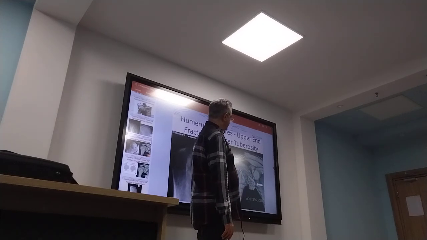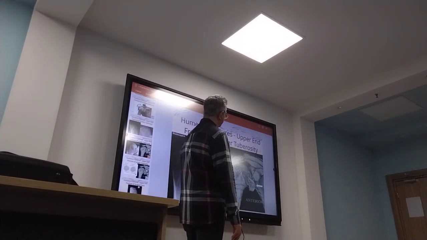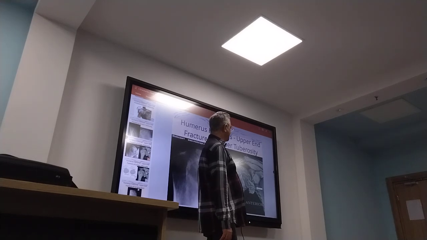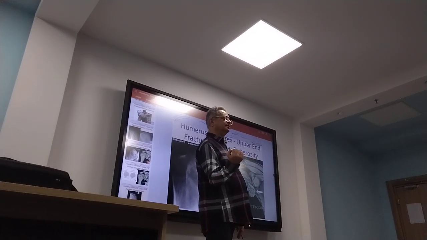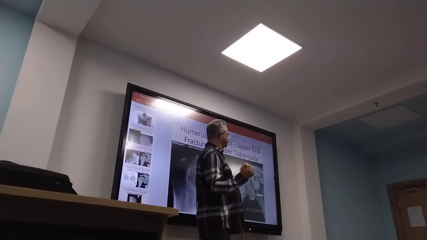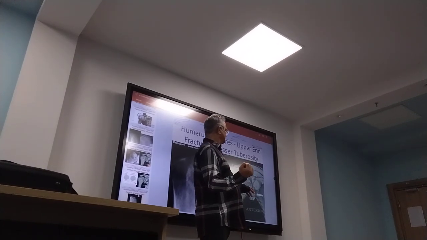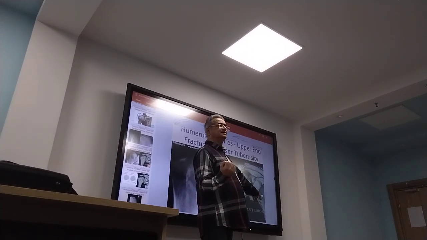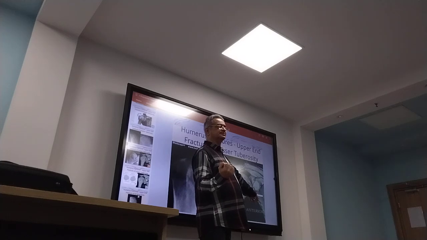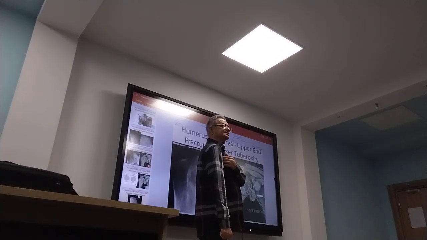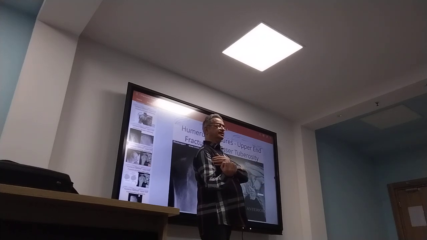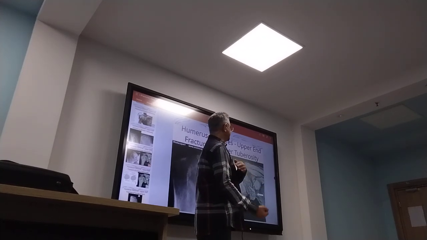So it's a kind of anterior posterior AP, probably with external rotation. How can you understand this is external rotation? Because you can see the lesser tuberosity. So in AP view, you can see the lesser tuberosity.